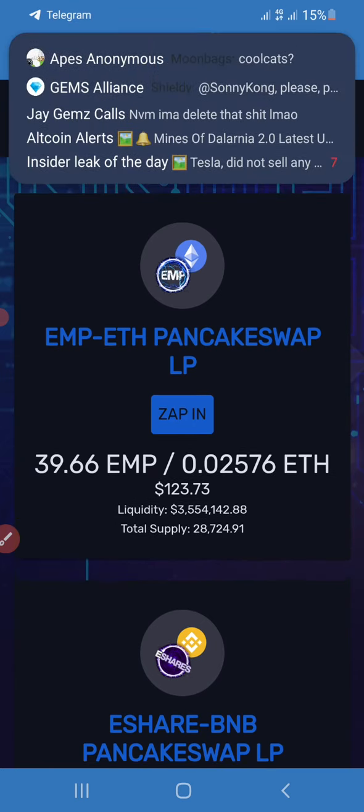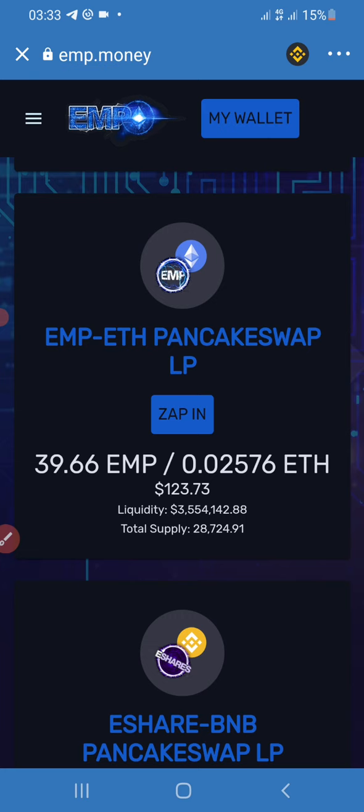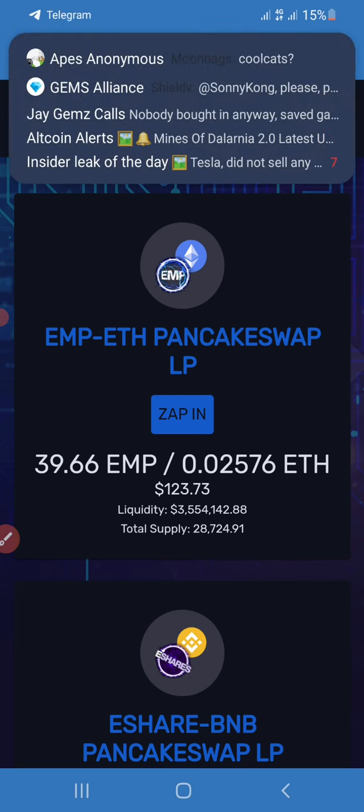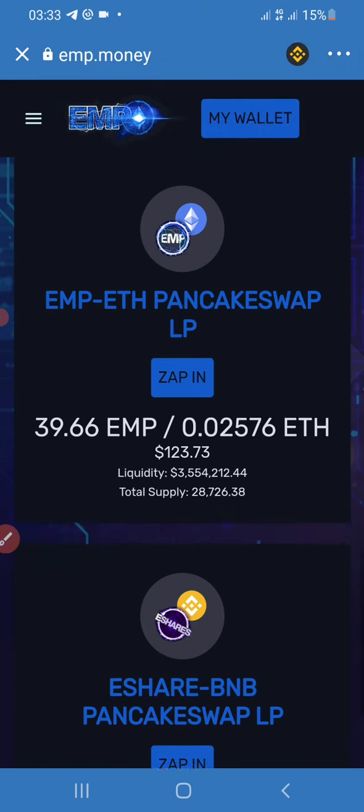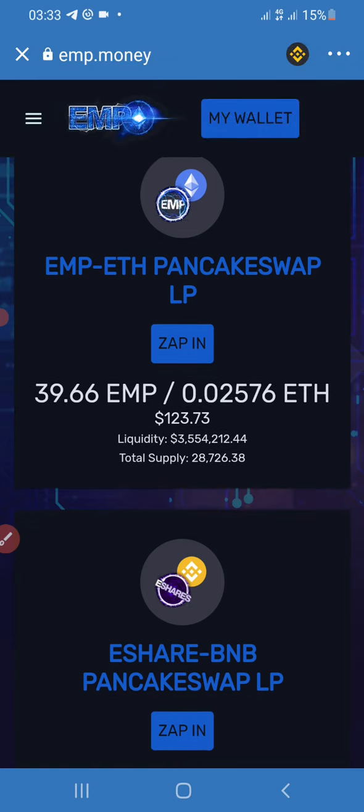LP token means they combine half of EMP and half of Ethereum. So if I want to invest, say, $30 here, $15 worth of EMP and $15 worth of Ethereum are combined together to form a $30 LP token. You understand? So that is the LP token.